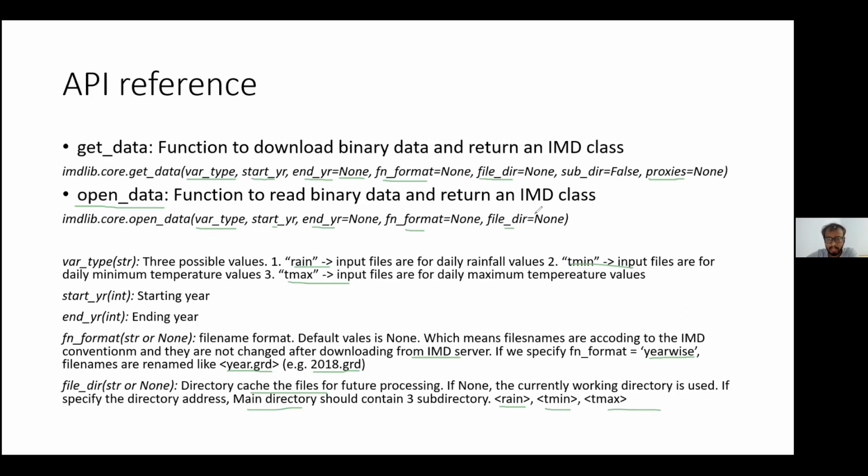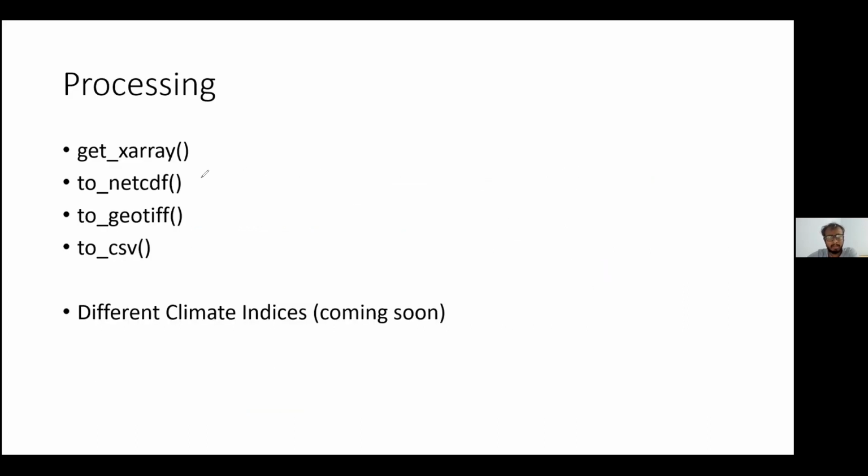If there is none, then IMDLIB will look in the same directory where your Python file is saved. These are the main important functions of IMDLIB. And for the processing part, you can get the Xarray dataset, which I will explain further.